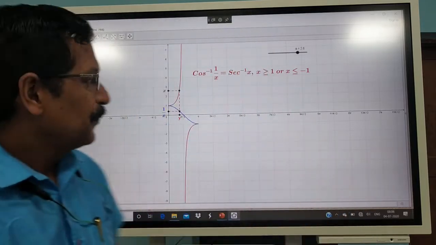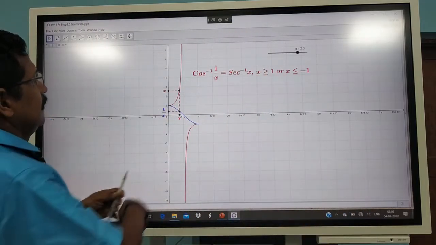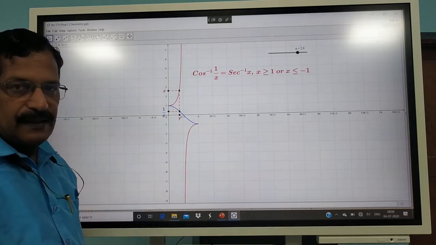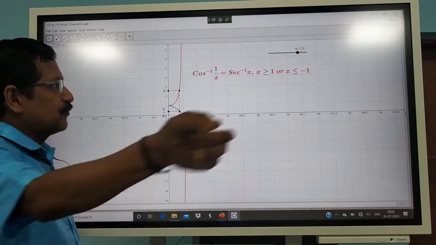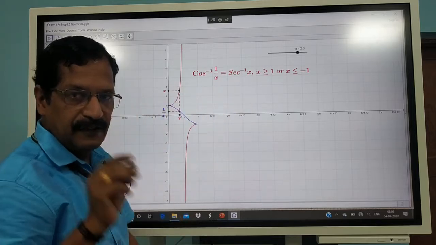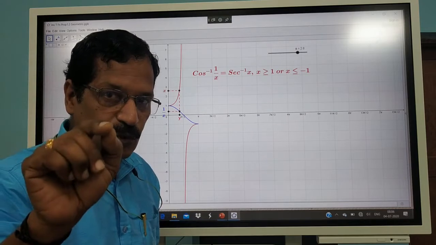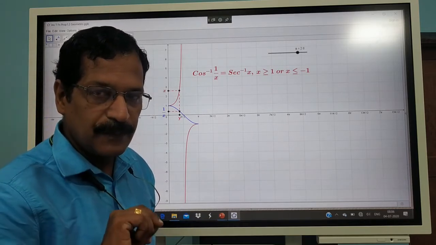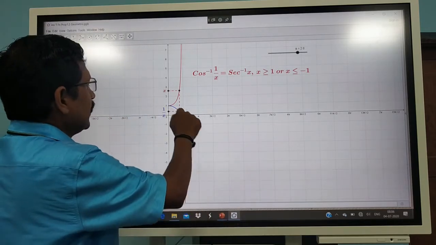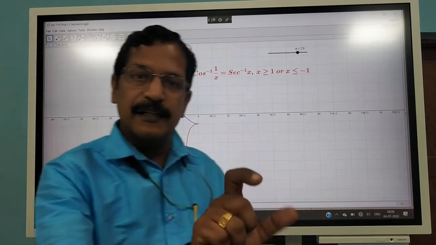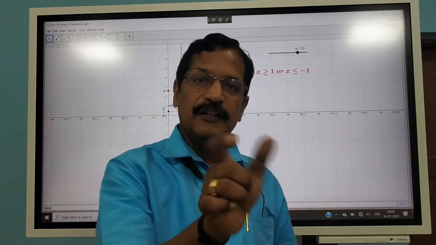You see here, this graph is the graph of the sec function. The graph of the sec function is defined when x is greater than or equal to 1 or x less than or equal to minus 1. And this blue graph is the graph of the cosine function in the restricted domain 0 to pi.